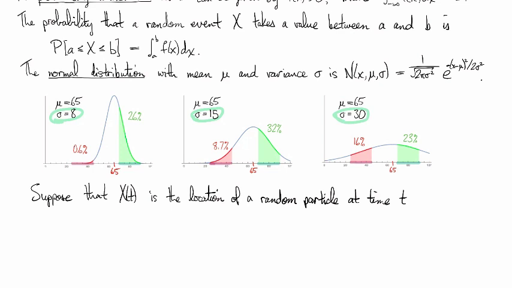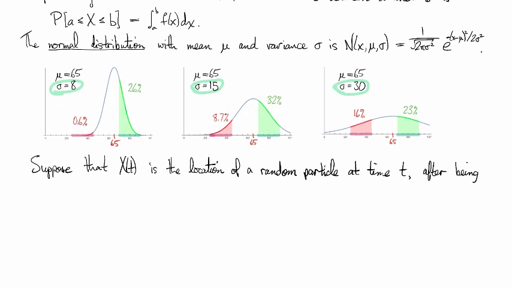So time t is, maybe, t seconds after being released from the mean. So we imagine taking some little randomly moving thing, and we place it at 65, and then we let go, and it just randomly wanders around.